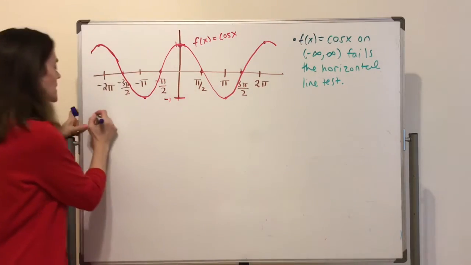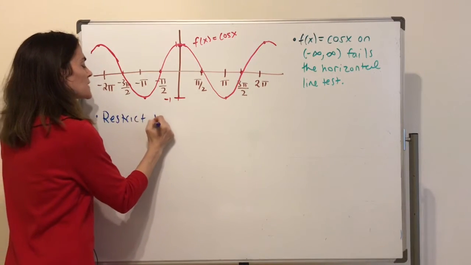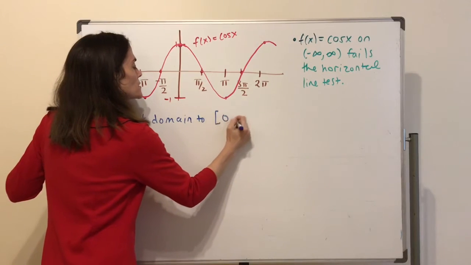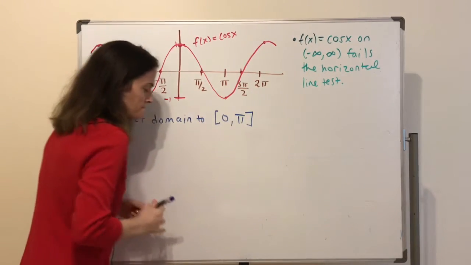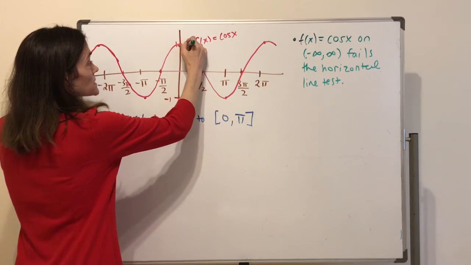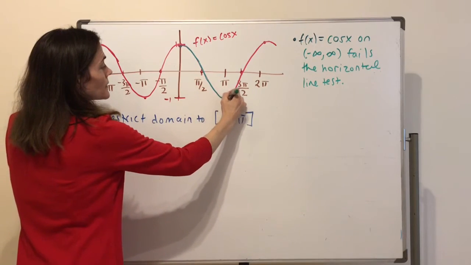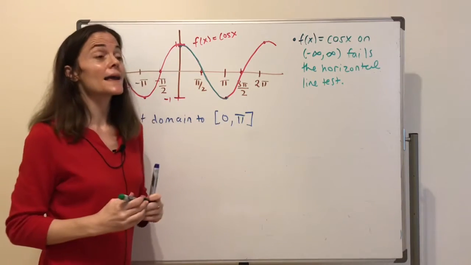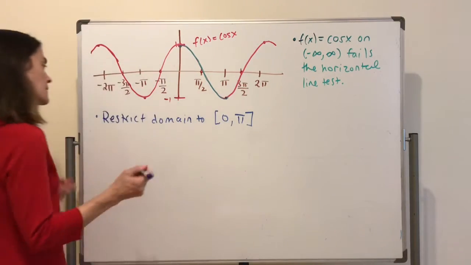So typically, for the cosine, we restrict the domain to 0 to pi. And here, on this closed interval, cosine restricted to the interval 0 to pi is a 1-to-1 function.